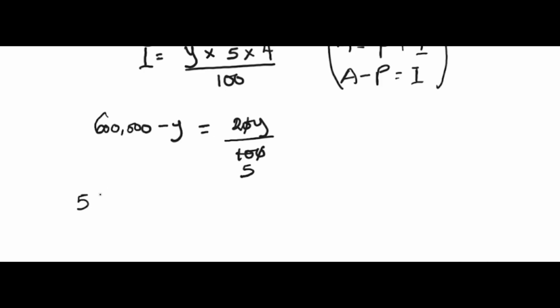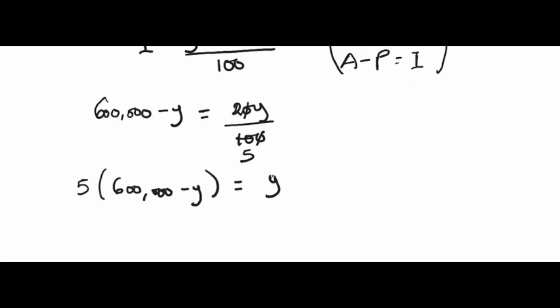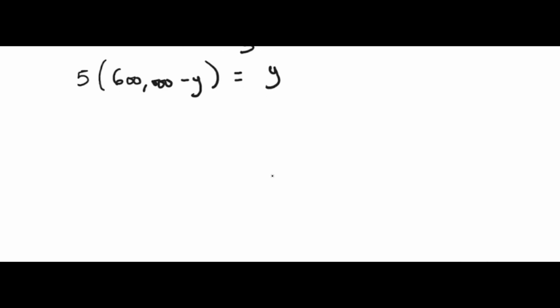So when that happens, we can cross multiply. So we'll have our 5 into 600,000 minus Y to be equal to Y. So when we open the brackets, we will have 30 minus 5Y is equal to Y. So when we collect like terms, minus 5Y will go over here, right?